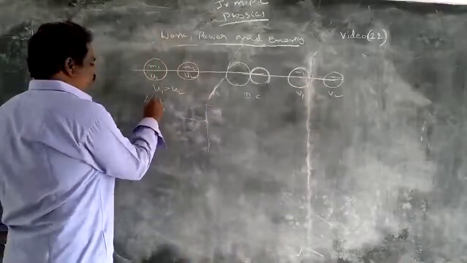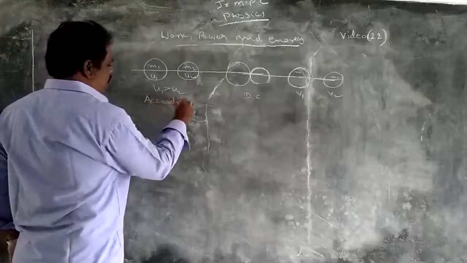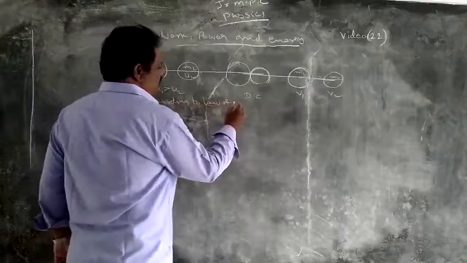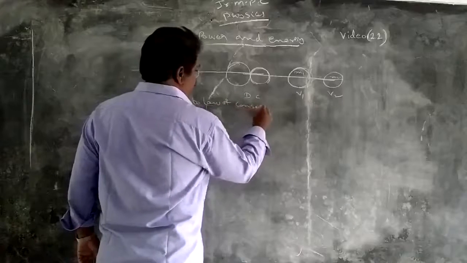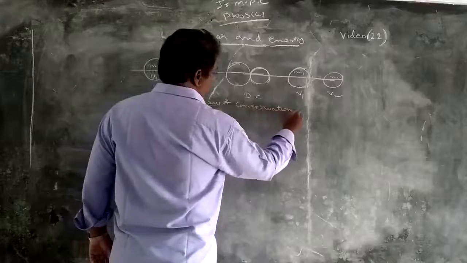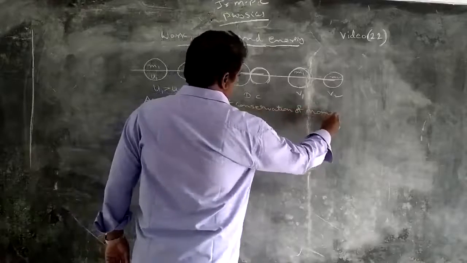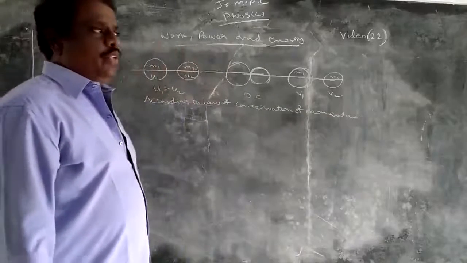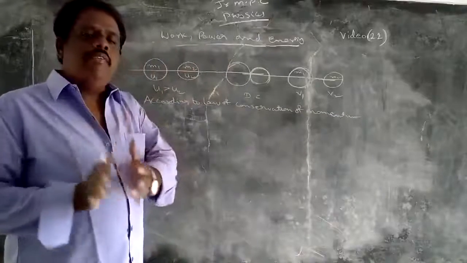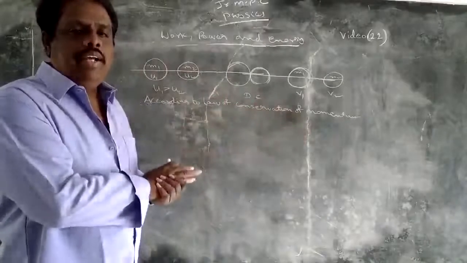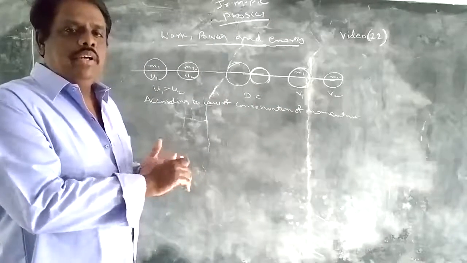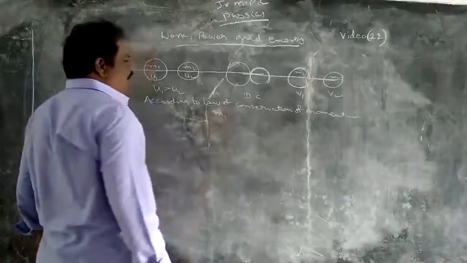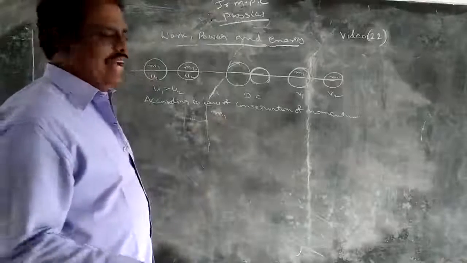According to the law of conservation of momentum, momentum before collision is equal to momentum after collision. That means it remains constant. Before collision, what is momentum? Momentum is mass into velocity.